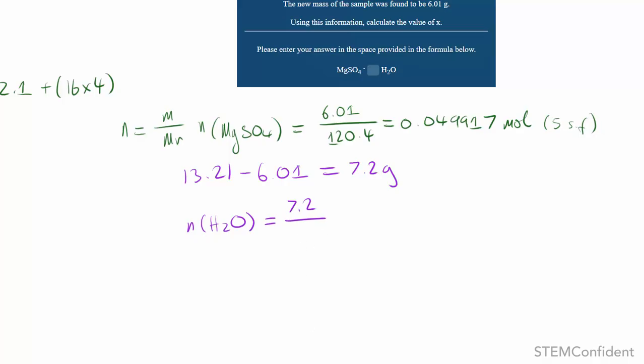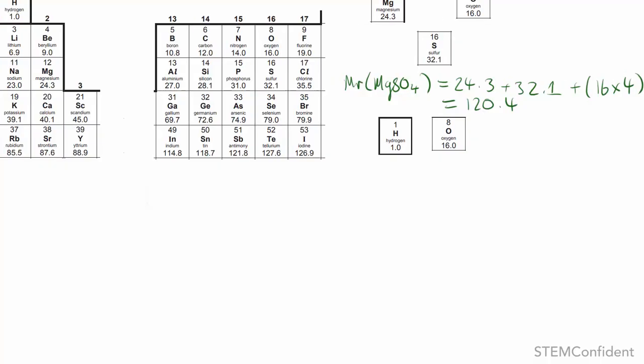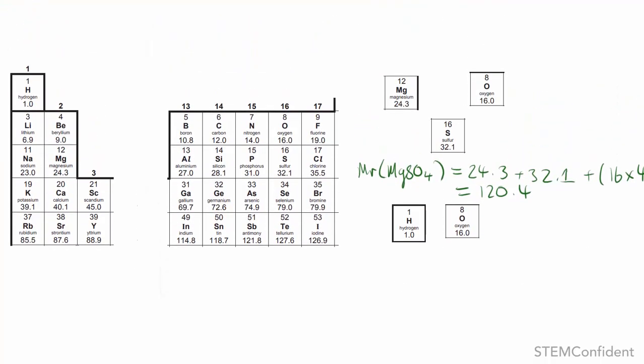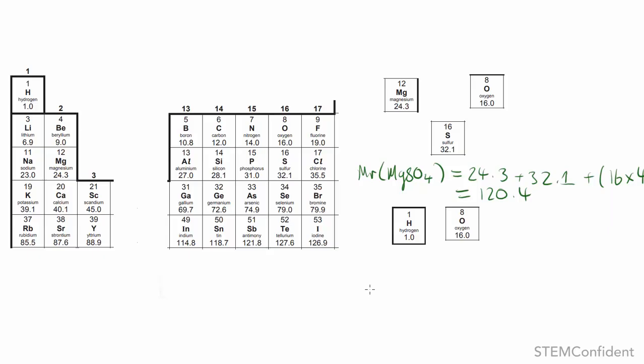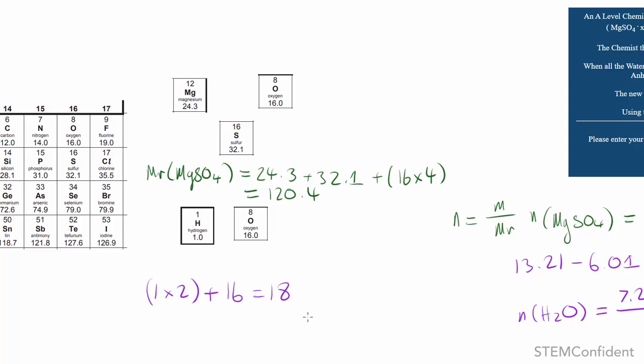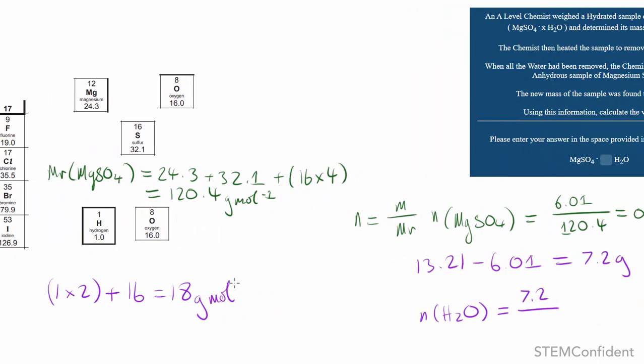If you go back to the periodic table, for H2O it's 1 times 2 plus 16, which gives us 18, and that's in grams per mole, so the units are grams per mole, to the power of -1, just like the other one.